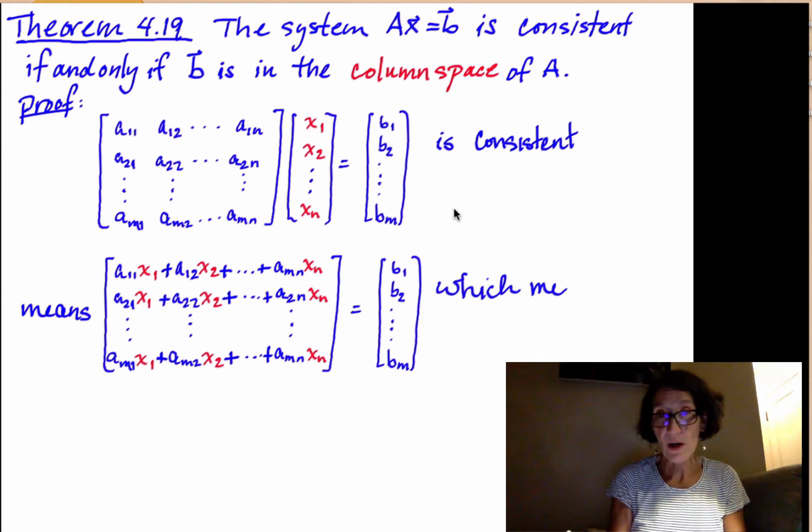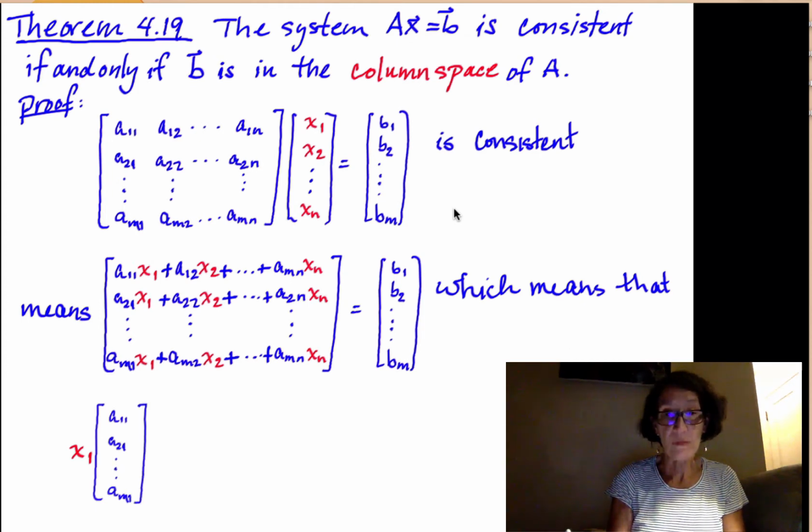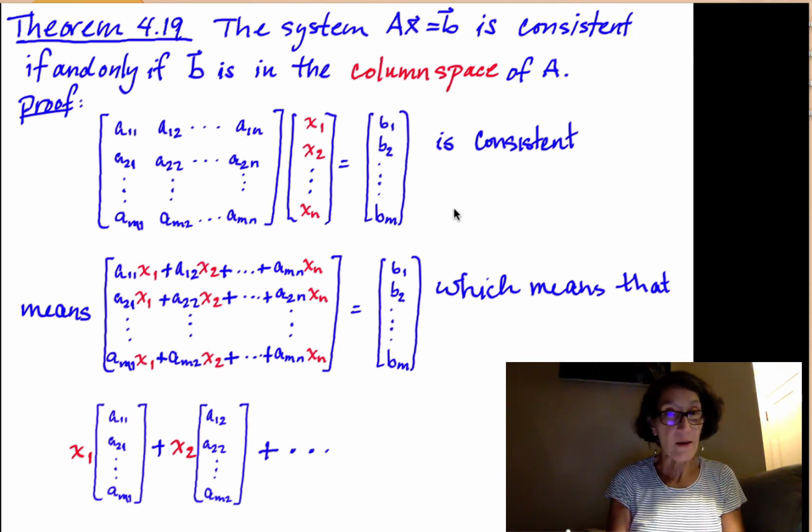Well, we can rewrite the left side as x1 times the column vector a11, a21, up to am1, plus x2 times the second column vector a12, a22, dot dot dot am2. And we keep going, and the last term is xn times the last column, a1n, a2n, amn, and that's equal to the b vector.